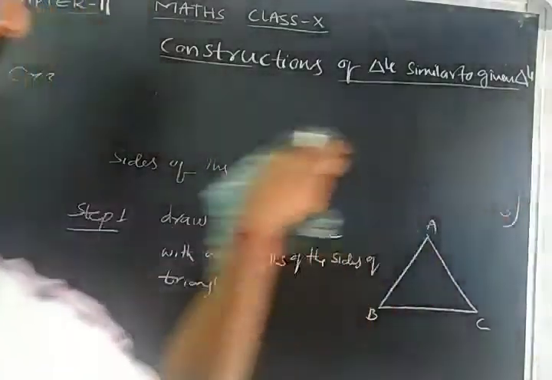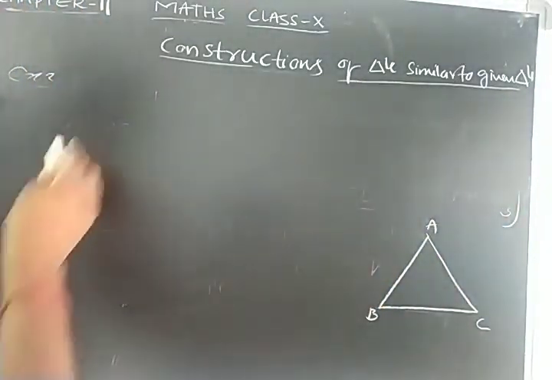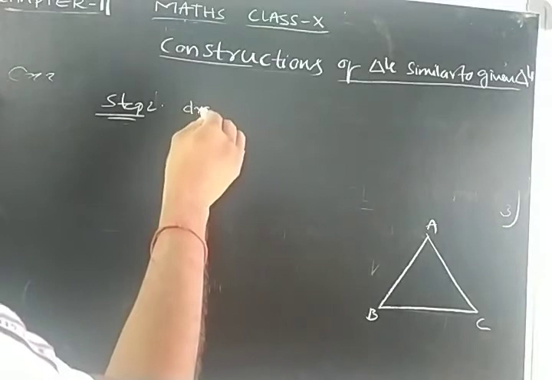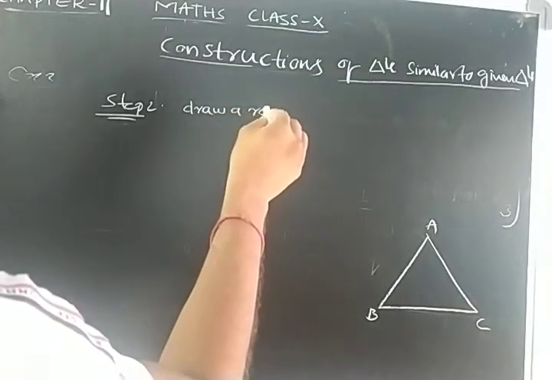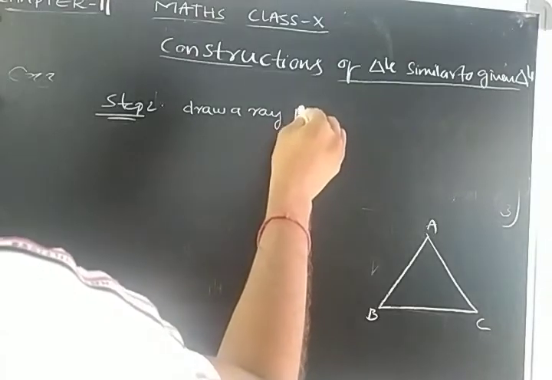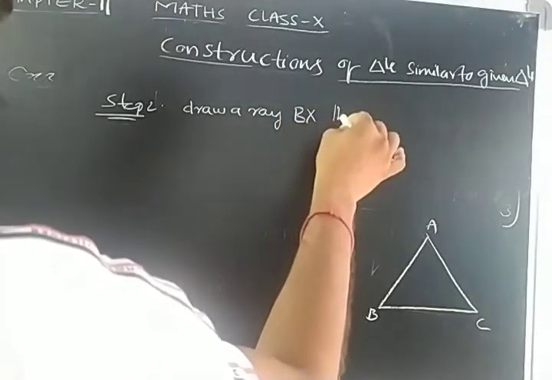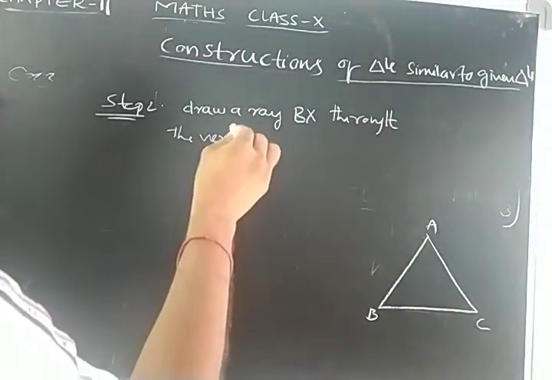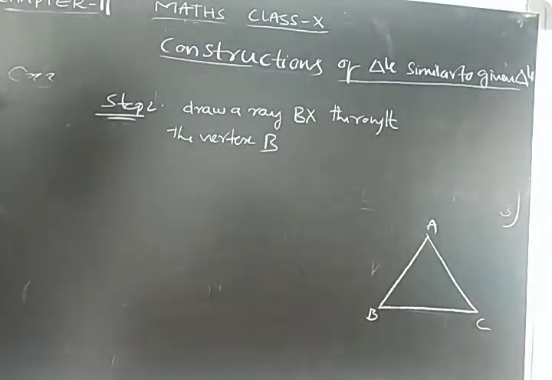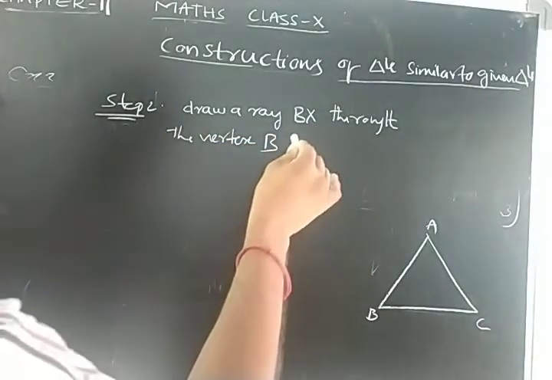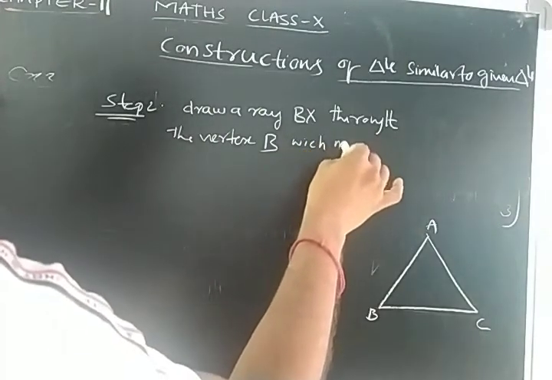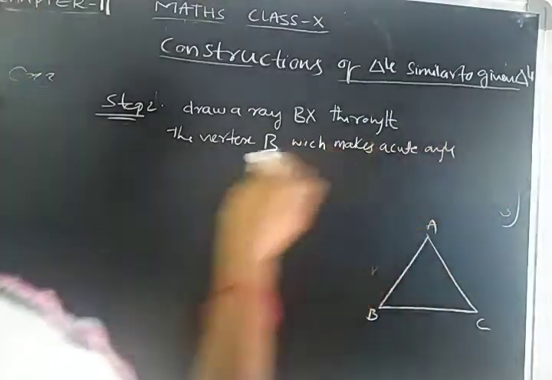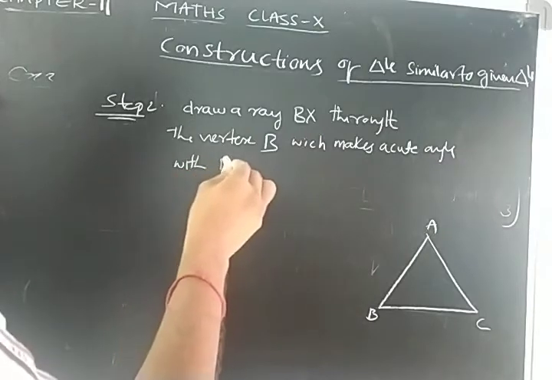After that, in step 2, draw a ray BX through the vertex B, which makes an acute angle with BC.